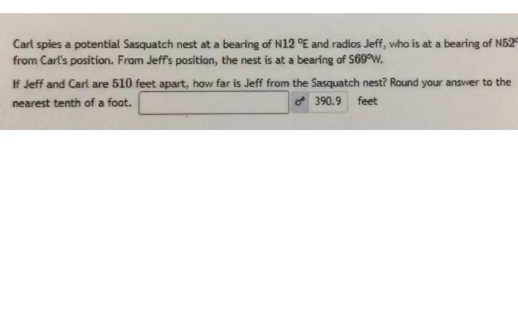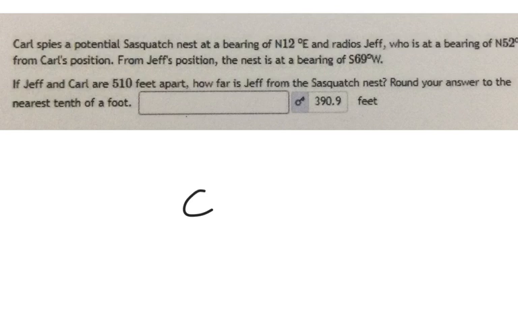So Carl spies a potential Sasquatch nest at a bearing 12 degrees north of east. That's not where Carl is. We don't know where Carl is. Well, we kind of do. Okay, here's Carl. From him, 12 degrees north of east is a Sasquatch, which means due east would be here. He needs to go 12 north of that.